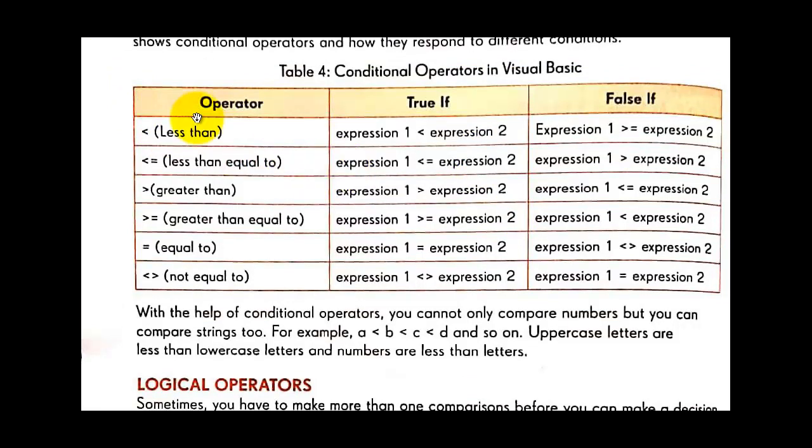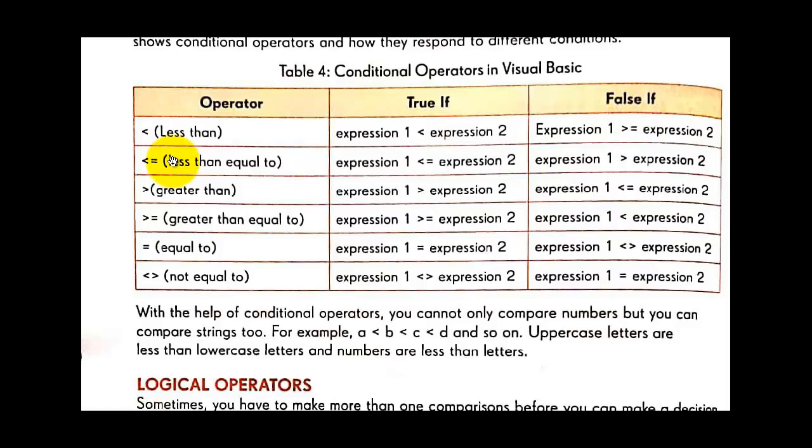Now this operator, if some expression like expression 1 is less than expression 2, then it will return the value true. If expression 1 is greater than or equal to expression 2, then the condition will be false.